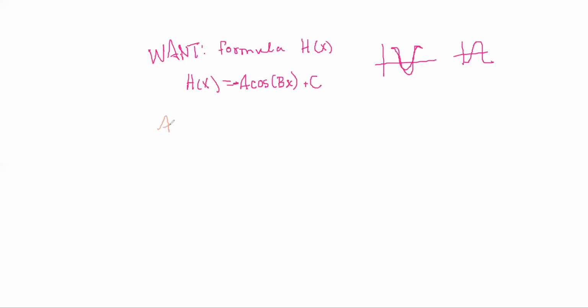I'm going to find A by finding out what the amplitude is. I know my lowest point is -6, and my highest point is 26, and the difference between them is going to be 32. So if I'm looking at this graph, this distance, it's actually probably something that looks a little bit more like that.